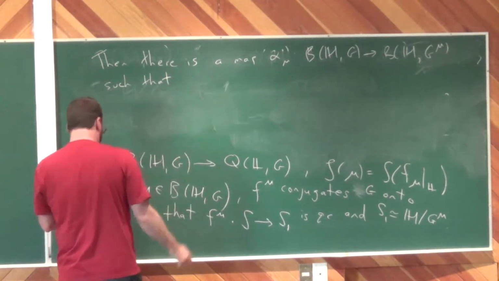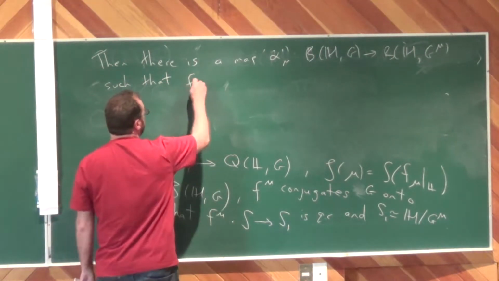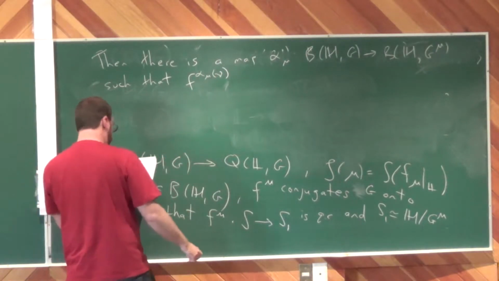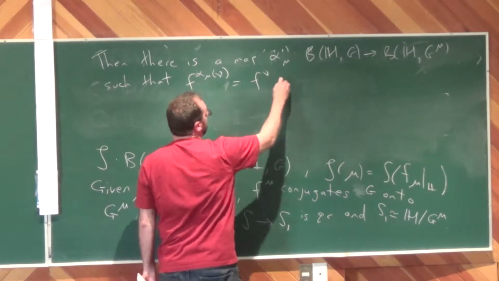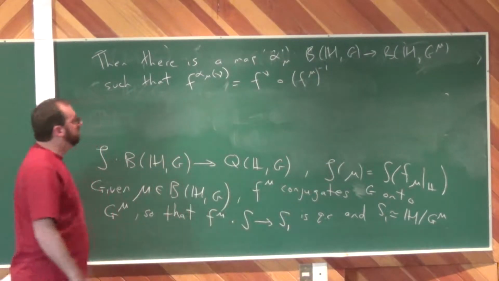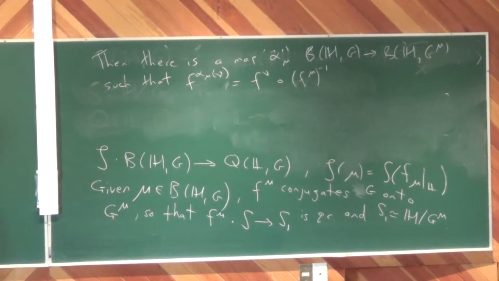And you can define it the following way. F upper alpha mu of nu is defined to be the inverse of F upper mu, composed with F upper nu.